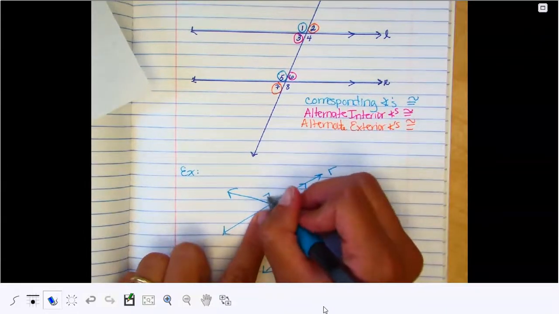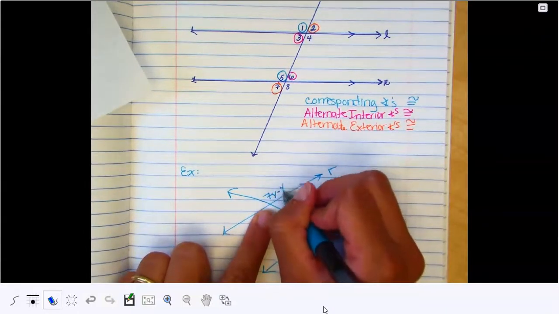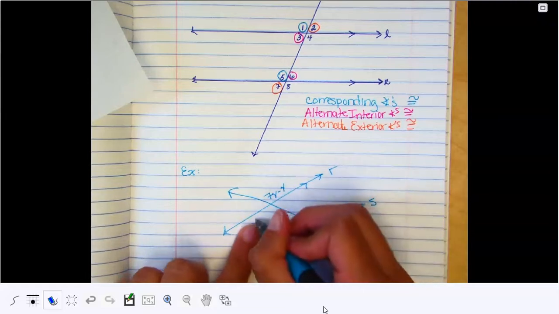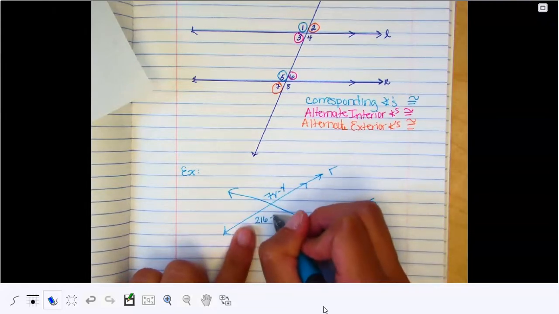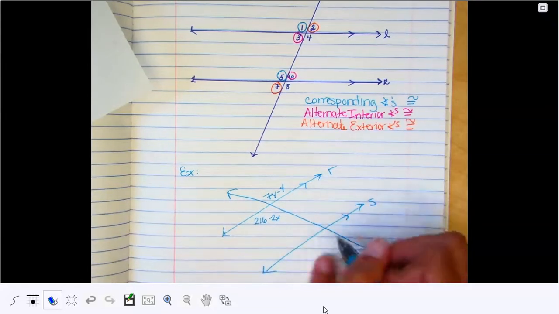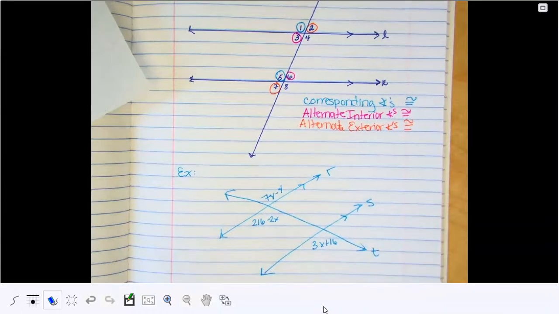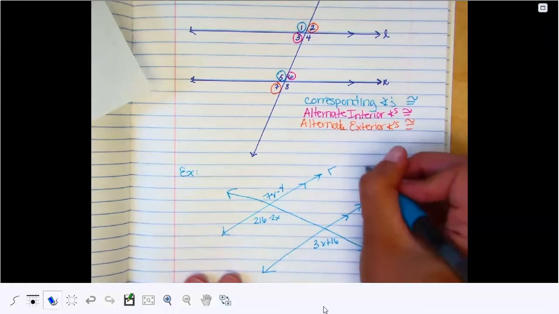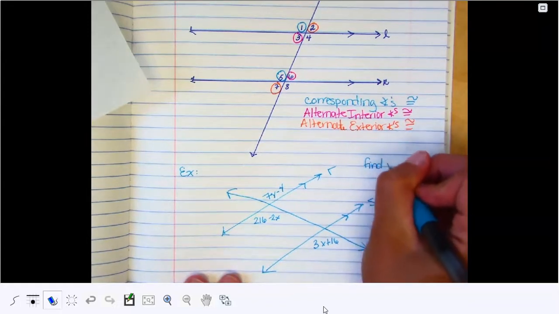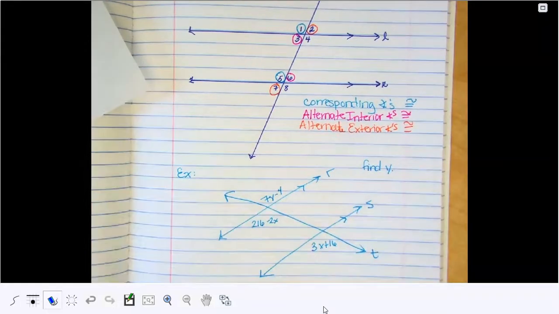This angle here is 7y minus 4. This angle over here is 216 minus 2x. And this angle is 3x plus 16. Okay? Our goal is to find y. So we want to figure out the value of y.